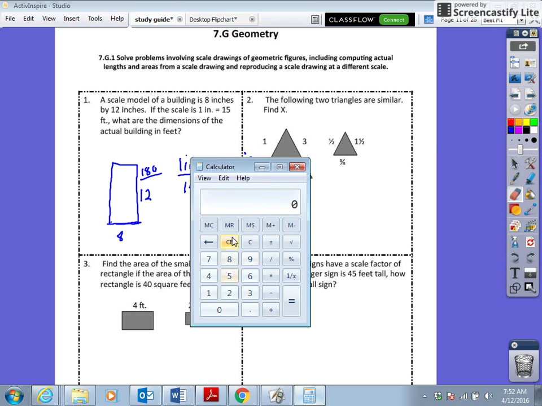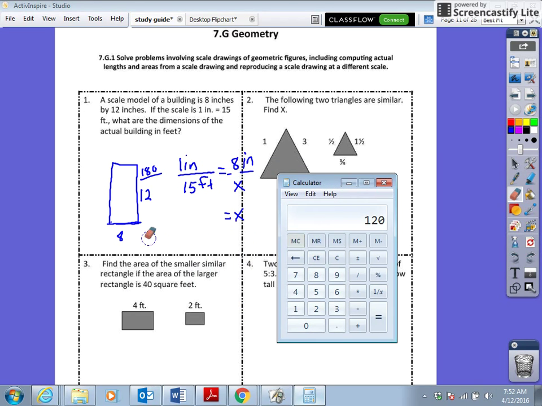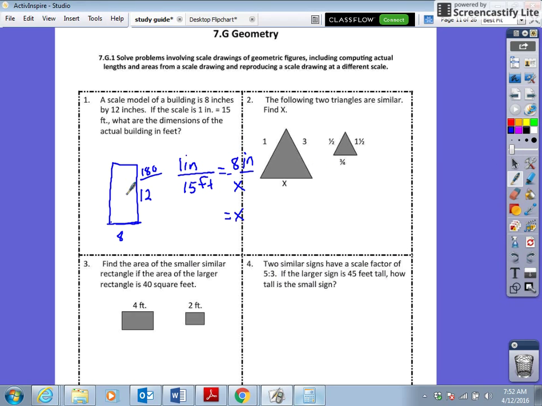Clear. Remember, this CE is the clear button. So 15 times 8 equals 120. So if I come over here, this is 120 feet wide. And it makes sense because this is a smaller number than this, so it makes sense.